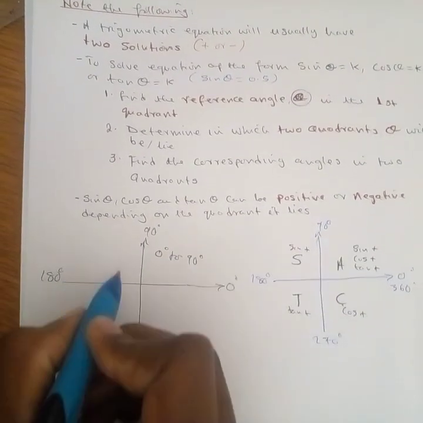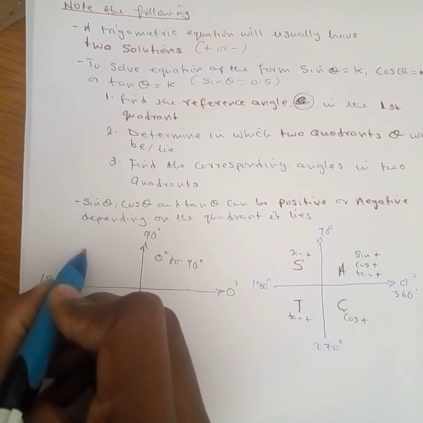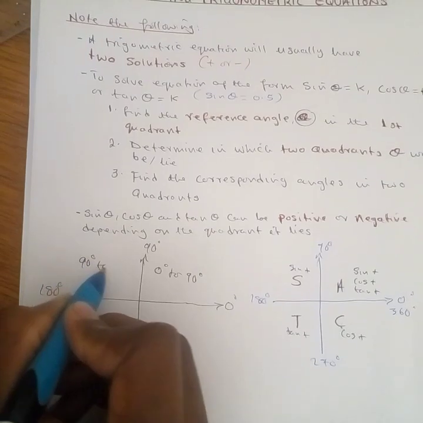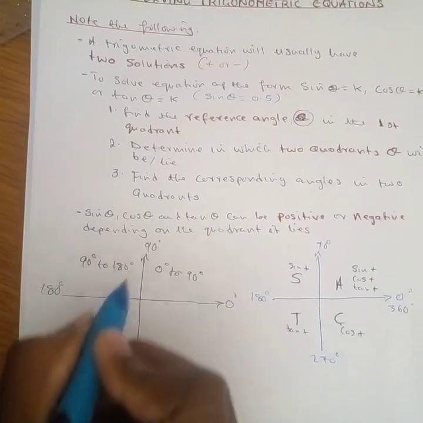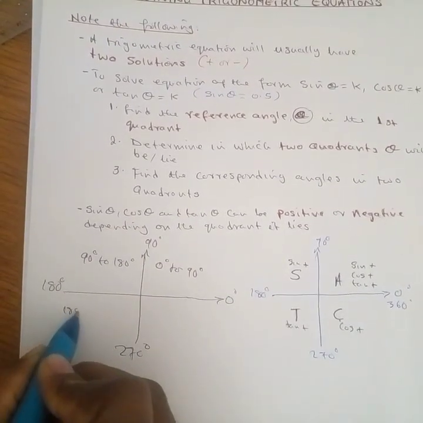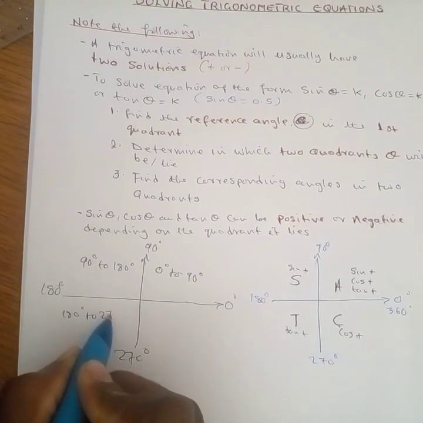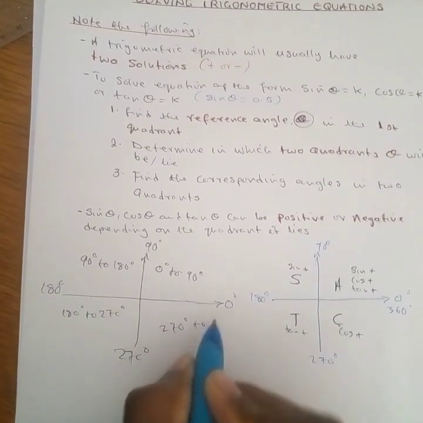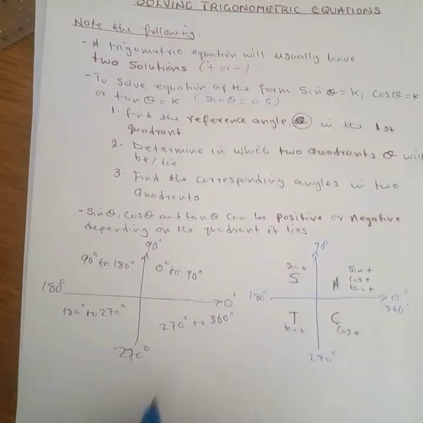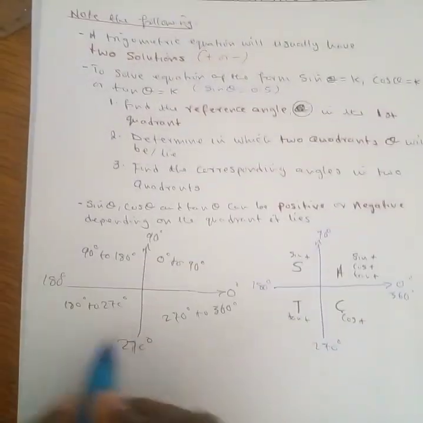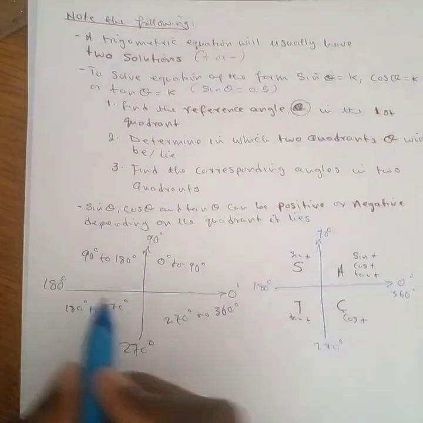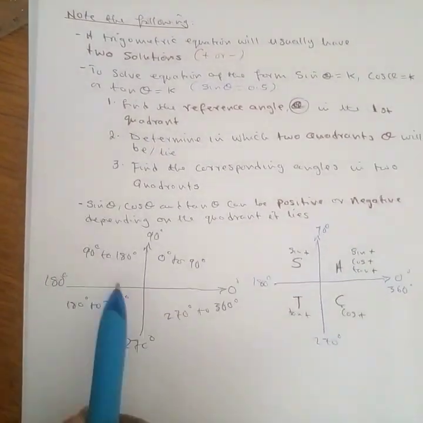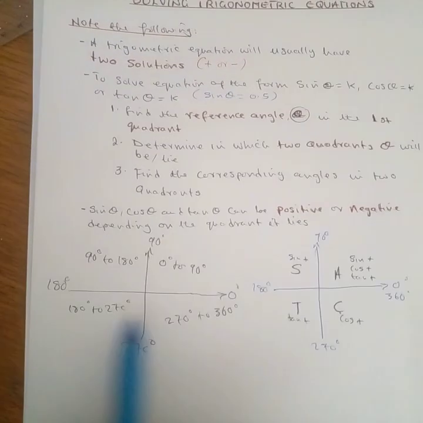What about the second quadrant? It is 90 degrees to 180 degrees. Here it is 180 degrees to 270 degrees. Here it is 270 degrees to 360 degrees. So these are the periods that we have. In solving trigonometric equations, you need to know in which quadrant your period lies.